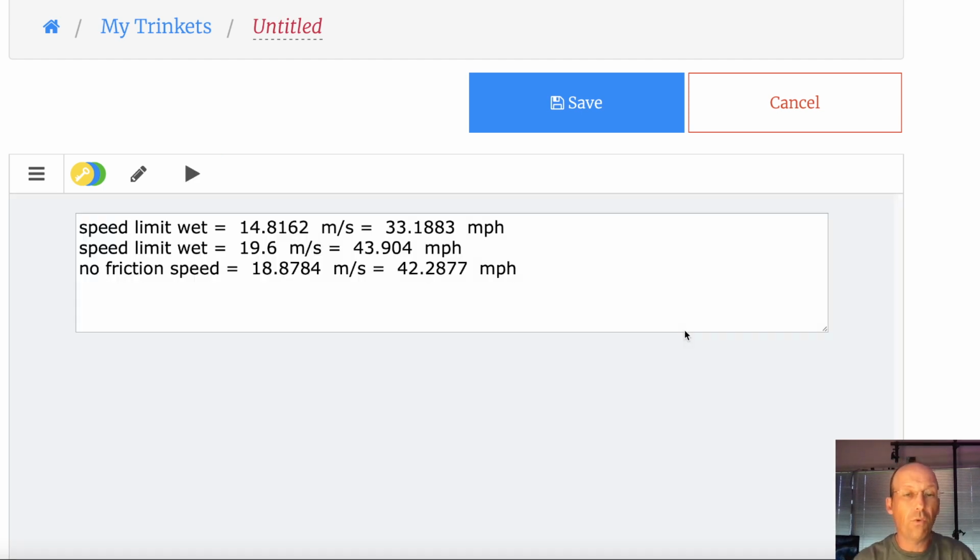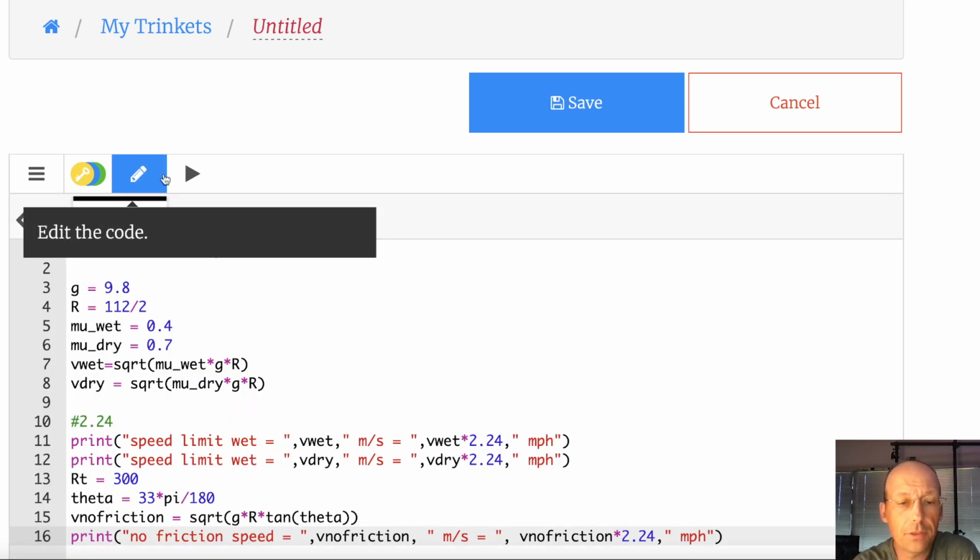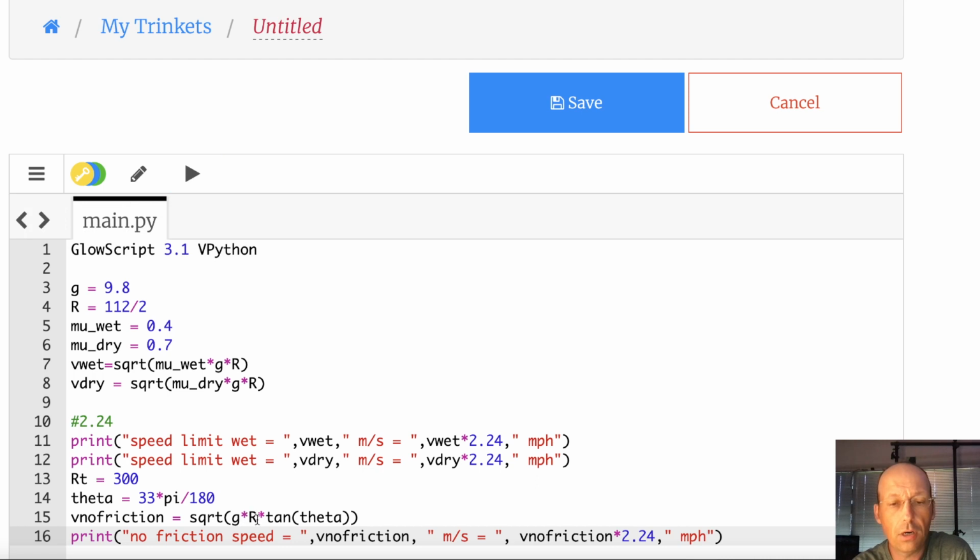Okay, so I get 42. That's really low. Wow. So 42 miles per hour. Does that seem right? I mean, it's Talladega, NASCAR. Should be going faster than that. Just double check. g r tangent theta, I think. Okay, let's go with it.